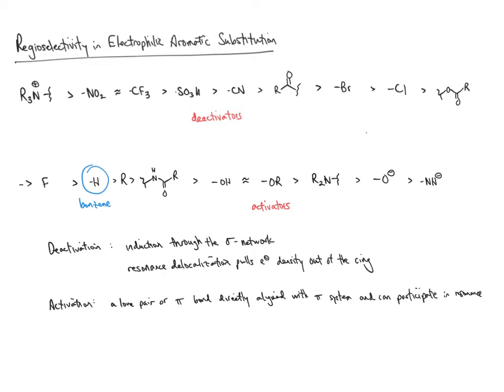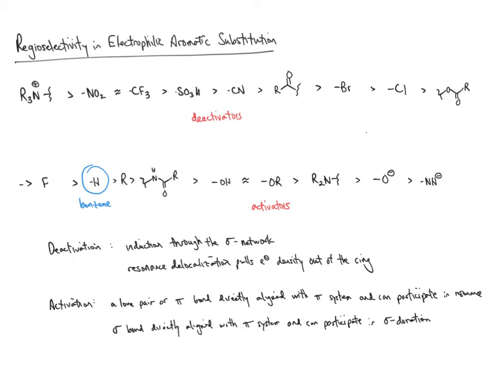The other case is when you have a sigma bond directly aligned with the pi system, and can participate in sigma donation. Okay, so we have the activators and the deactivators.